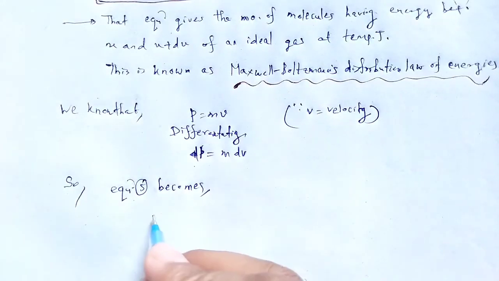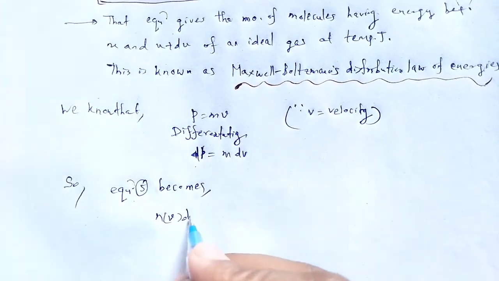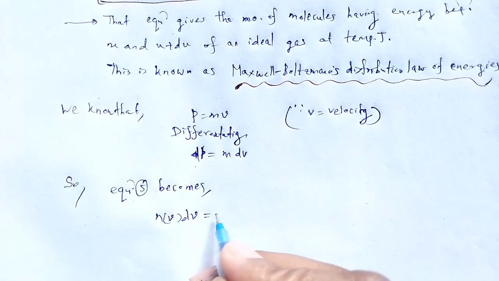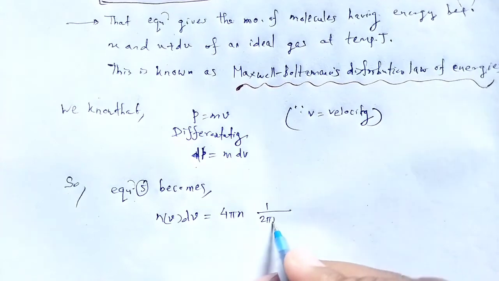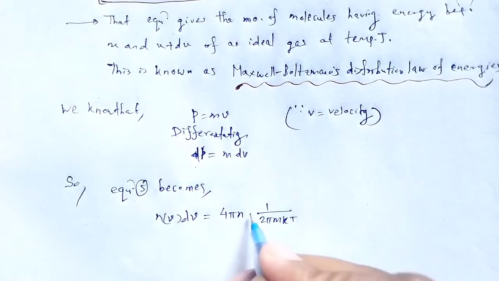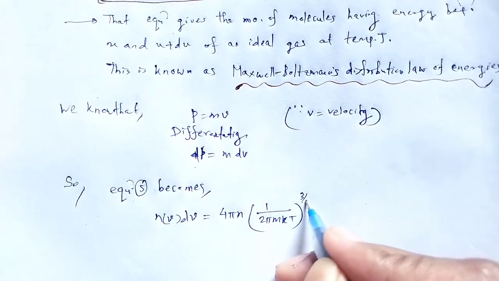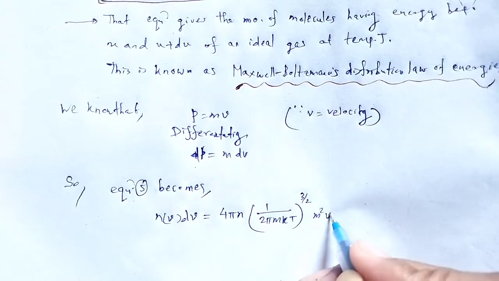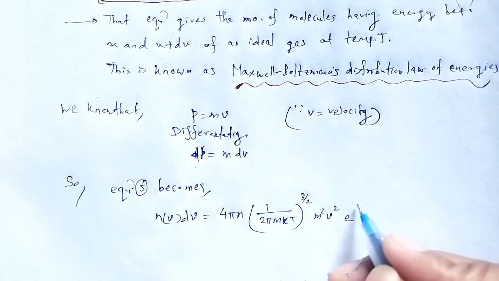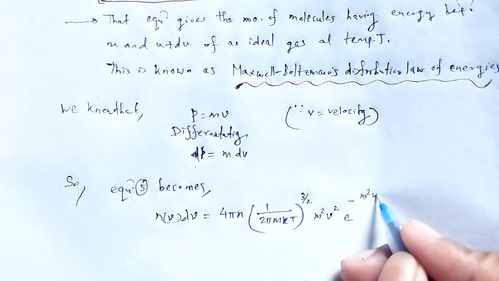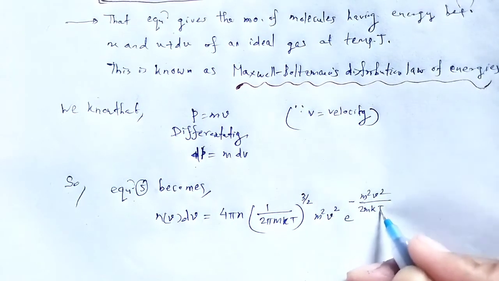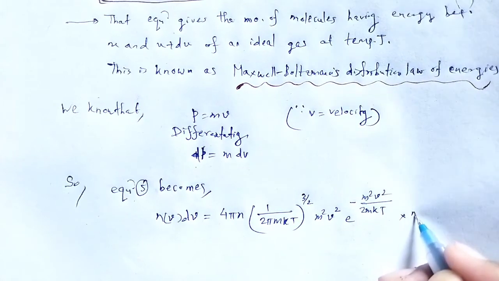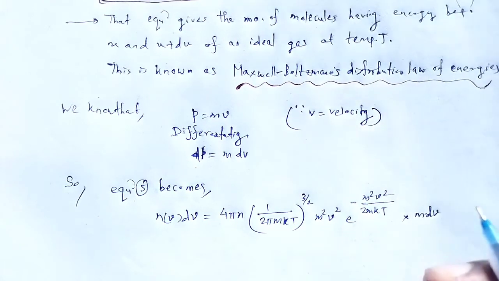N(v) dv is equal to 4 pi N, 1 by 2 pi m kT to the power 3 by 2, m squared v squared, e to the power minus m squared v squared divided by 2 m kT, into m dv.